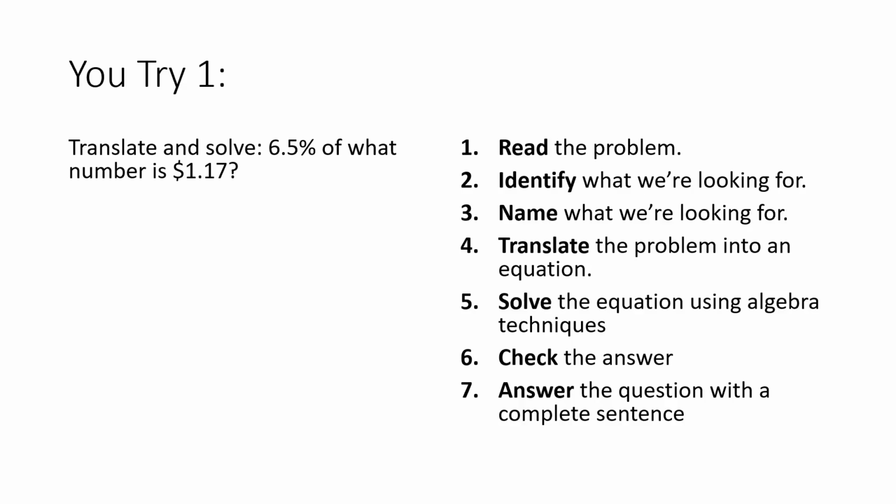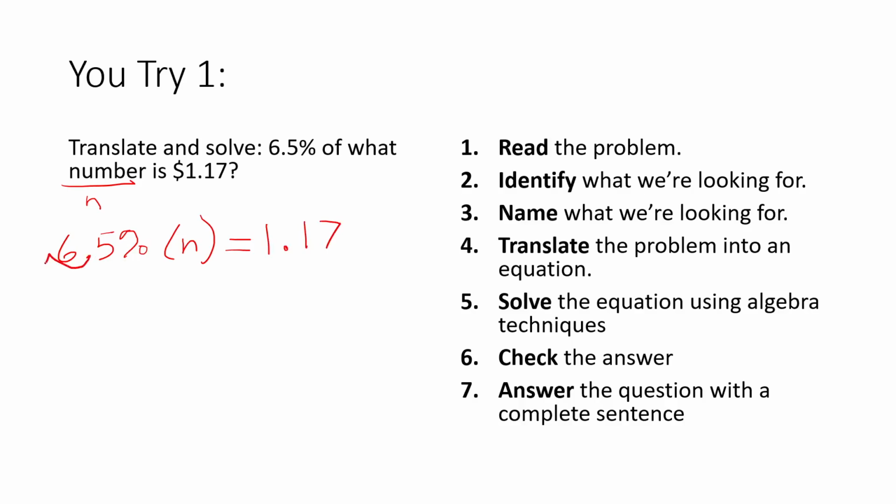Okay, now that you've done it on your own, let's do it together. Let's translate this and solve. 6.5% is of what number is $1.17? So once again, I'm going to use n for what number. So let's set up our equation. 6.5% times n, I'm going to use parentheses this time just for fun, is equal to 1.17.